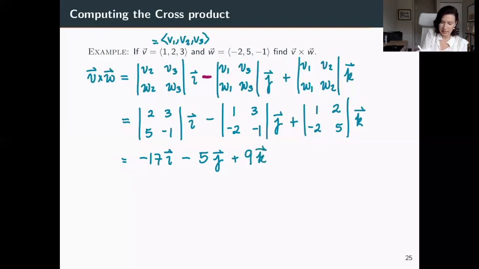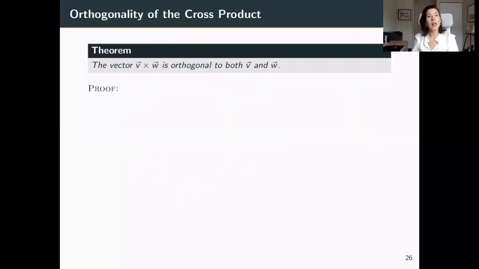If we want to write this in our component form, we end up with negative 17, comma, negative 5, comma 9 as the vector v cross w that is orthogonal to both v and w. The proof that the cross product vector v cross w is orthogonal to both v and w is relatively straightforward. And once again, we will use the dot product to help us prove this.